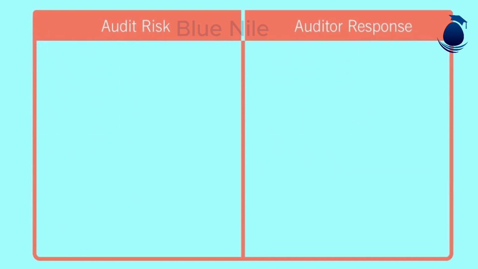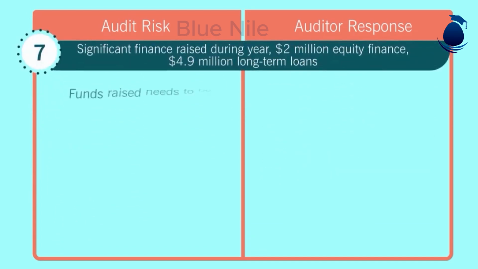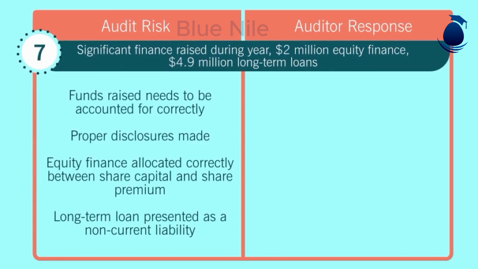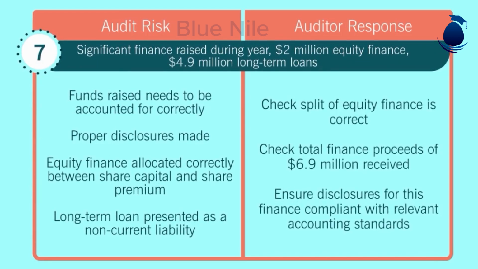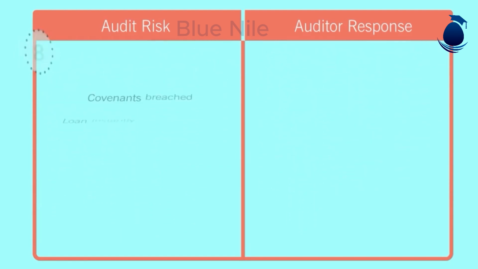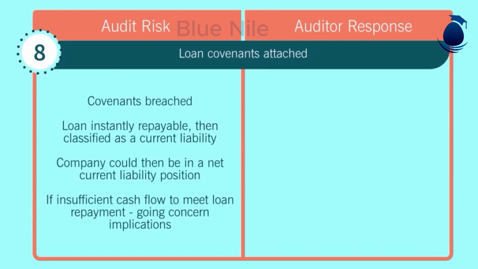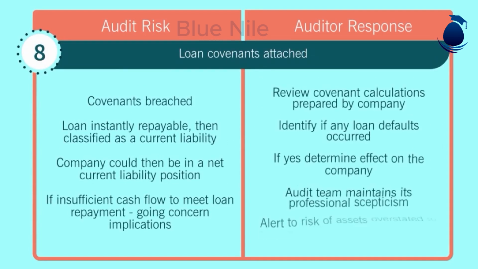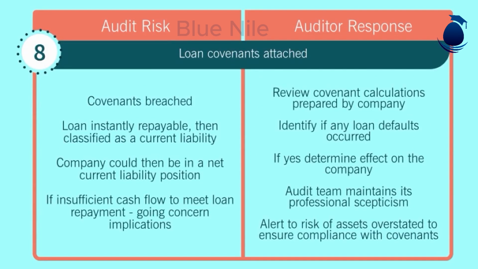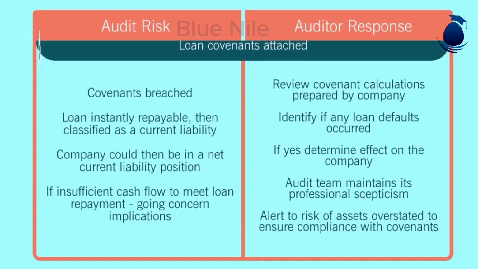Because there was significant finance raised during the year, the auditor needs to address the risks of ensuring funds were in fact received, and that proper disclosures were made. The new long-term loan has covenants attached to it that need to be properly disclosed in the financial statements, with the audit team maintaining its professional skepticism, particularly in relation to the risk of the company overstating its assets.